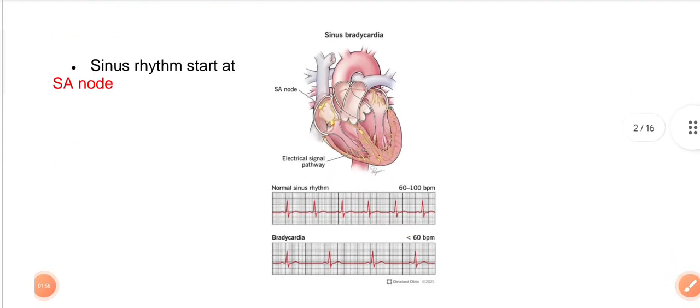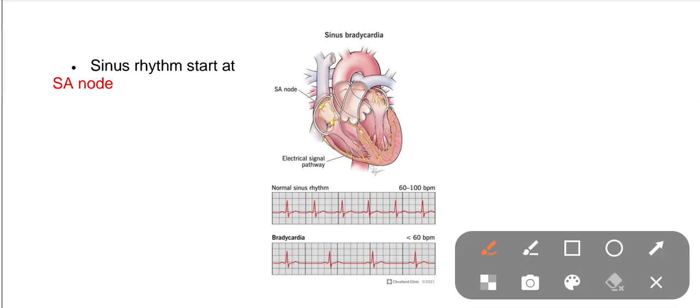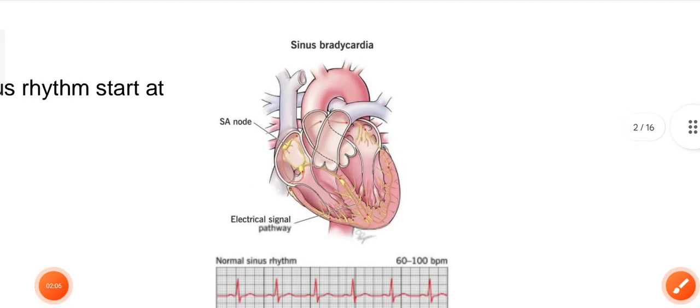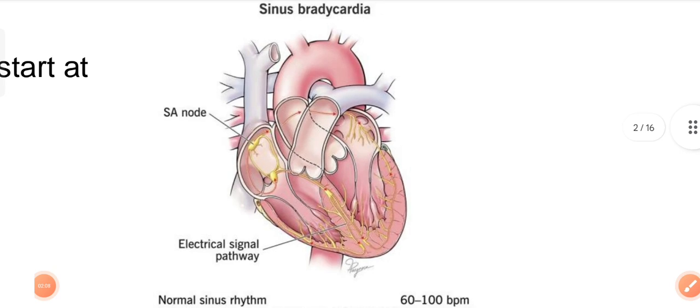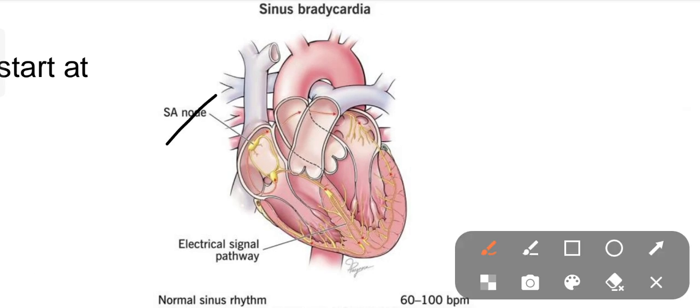And the next point is sinus rhythm started. Sinus rhythm is nothing but, if you see the heart structure here, this is the heart. We can see the SA node here, and the electrical signals pathway. The electrical signals are made and start from the SA node.